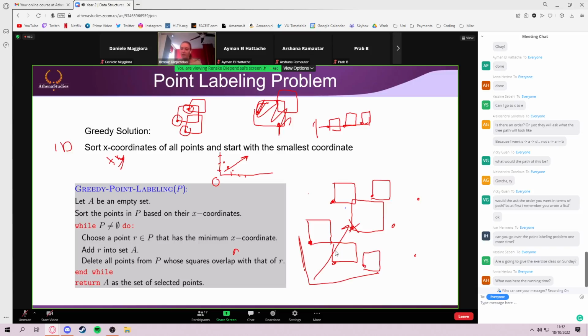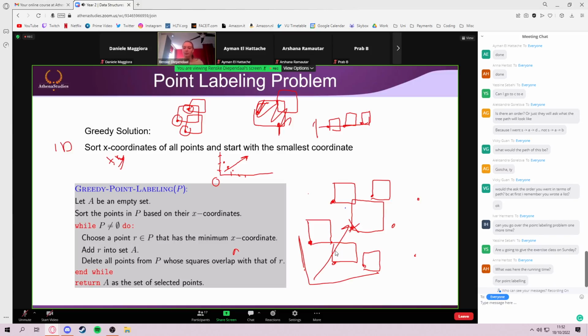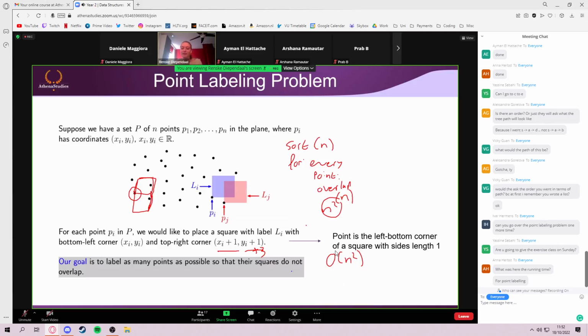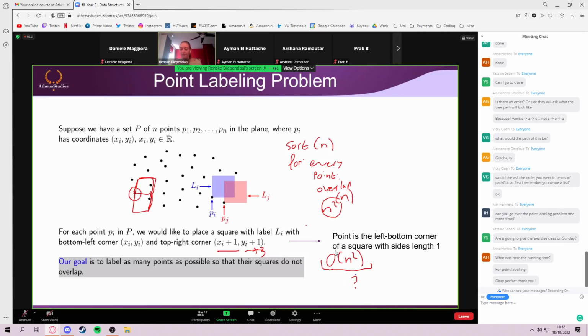I was going to look into the running time of this because I wasn't sure. But I think it is O(n squared), but I'm not sure. Yeah, not 100% sure. But my logic is, for every n you try to put the label, right?